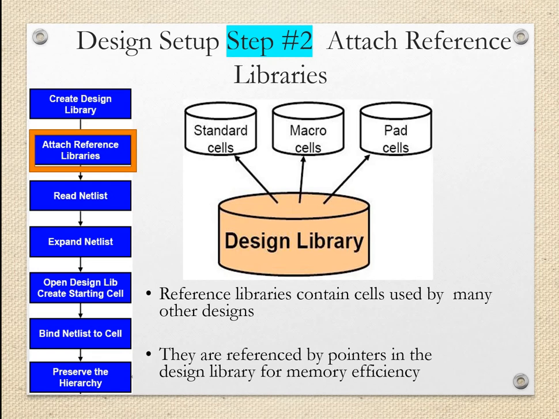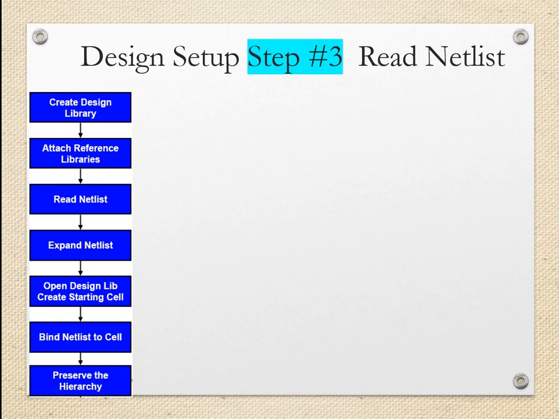I'll go for step number 3, that is read the netlist. Netlist, as the name suggests, is the list of the different nets, meaning the interconnections between the different nodes of the circuit.